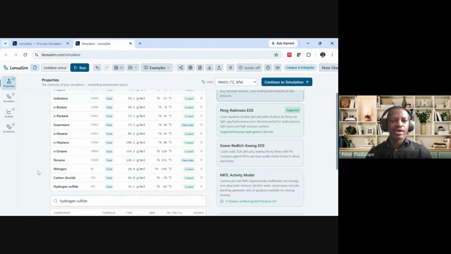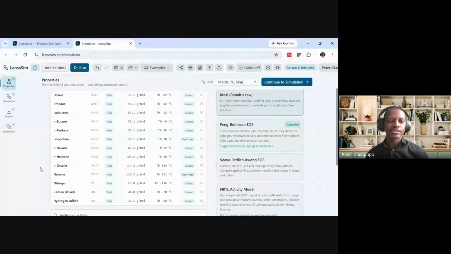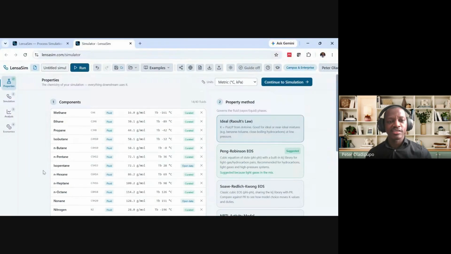Okay, so we've essentially specified the components that make up the feed that we are given. That is the flare gas now.